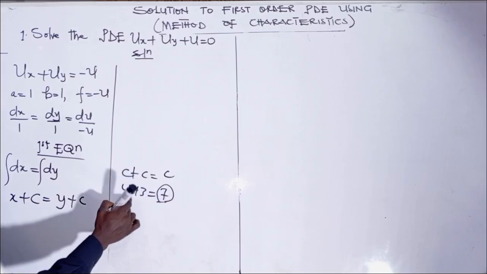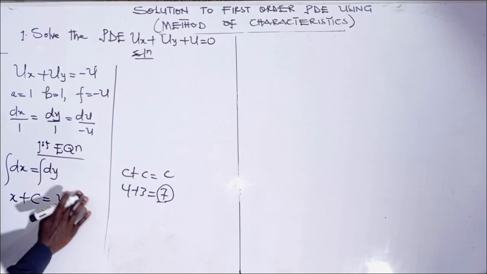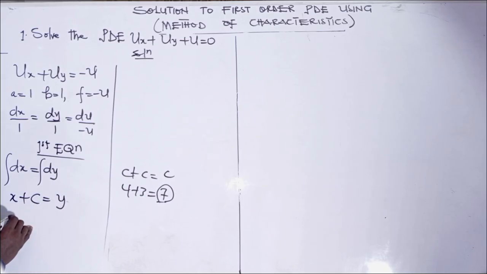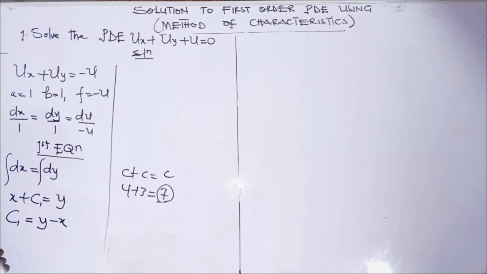That is a constant. A constant plus a constant gives us a constant. So we can decide to clean one of the constants. So from here, we can say that our constant is equal to y minus x. Now, since we are having two equations, we are going to have two constants. So let's call this constant 1. Are you getting it? Very, very easy and simple.